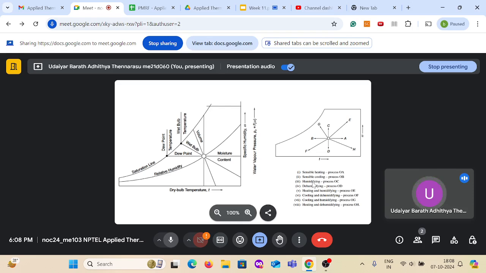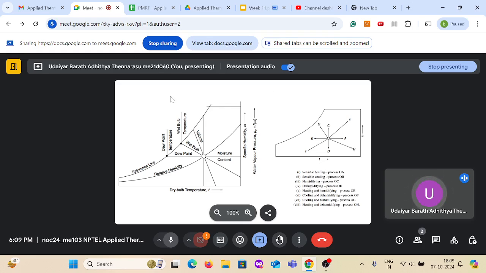You know that water boils at 100 degrees Celsius at atmospheric pressure. From your room temperature up to 100 degrees Celsius, what it goes through is called sensible heating. There is no phase change, but the water is getting heated and the temperature is rising. So that's a sensible heating process.